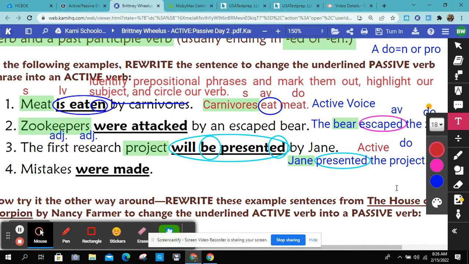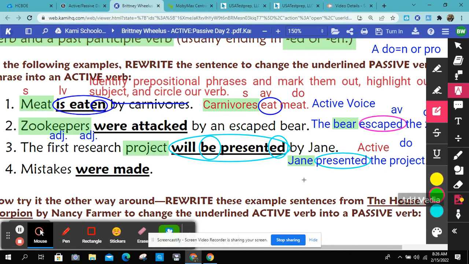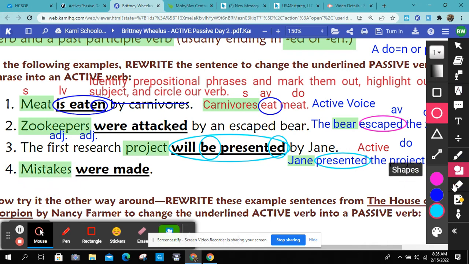All right. Mistakes were made. What is the subject in this sentence? This one is going to be a little bit more difficult. What is the subject here? Mistakes. All right. What is my verb phrase? Were made.